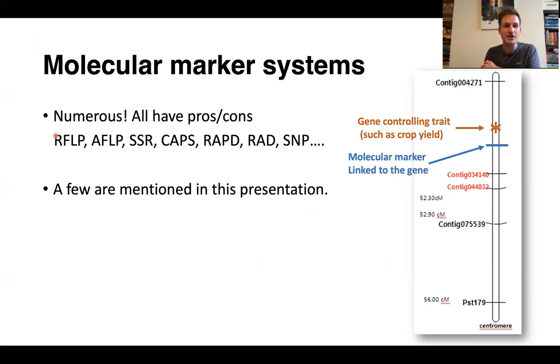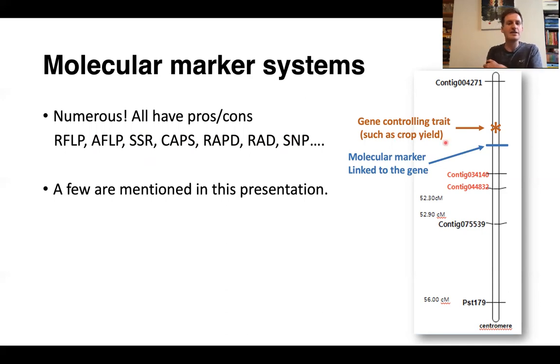So there's RFLPs, AFLPs, which are amplified fragment length polymorphisms, simple sequence repeats, SSRs, cleavage amplified polymorphic sites, rapidly amplified DNA polymorphisms, and etc. Single nucleotide polymorphisms.